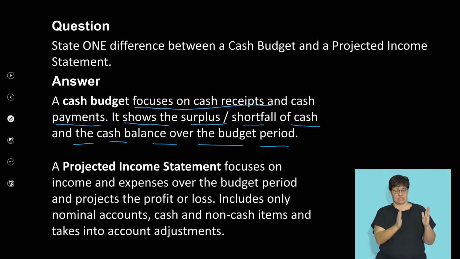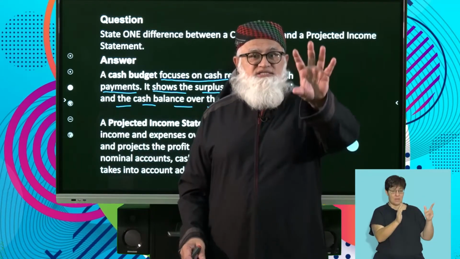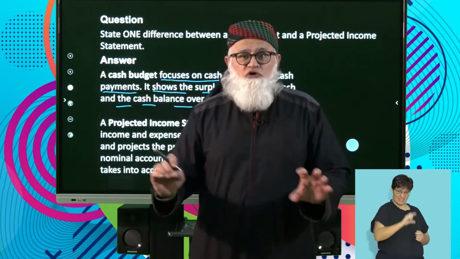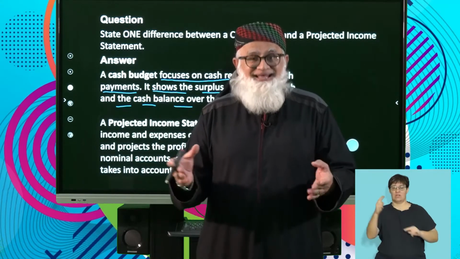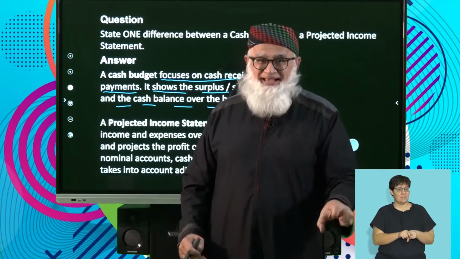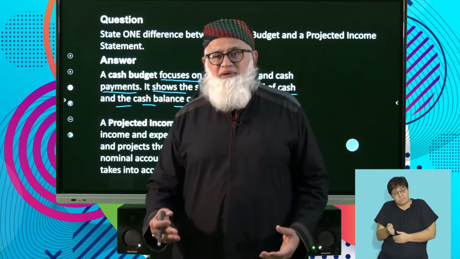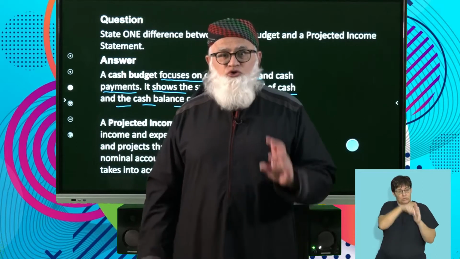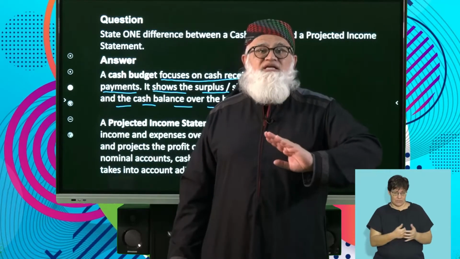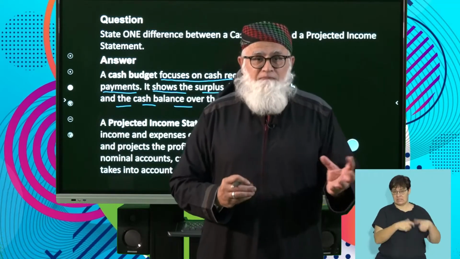So what is the cash budget telling you? It's telling you for the budget period, you're either going to have a surplus of cash or a shortfall of cash for that period. And also it tells you what your expected bank balance is supposed to be after that surplus or that shortfall. So remember, a cash budget is a forecast of cash receipts and cash payments.